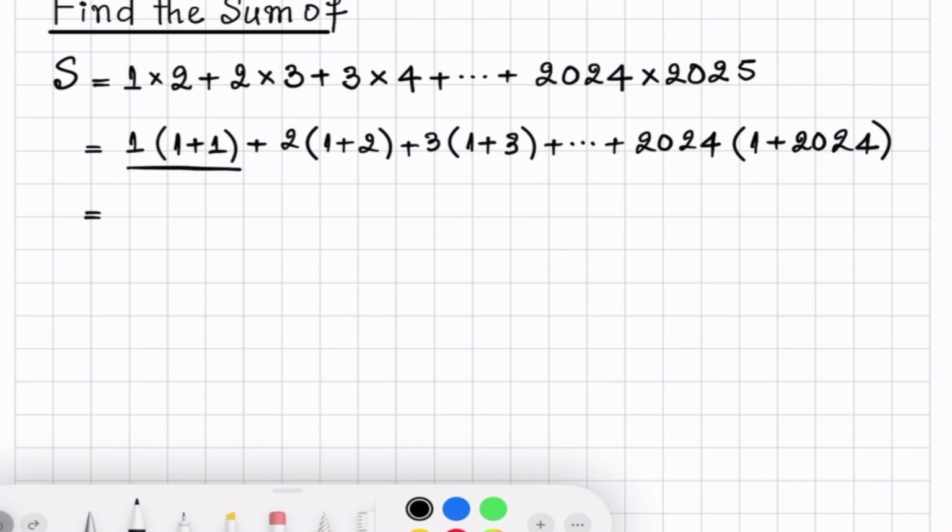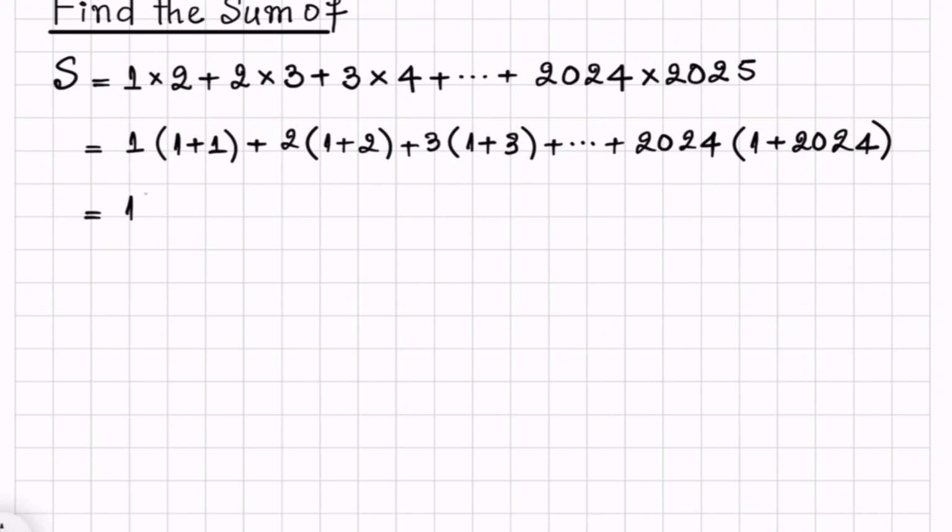So we will get 1 plus 1 square plus 2 plus 2 square, 3 plus 3 square plus dot dot plus 2024 plus 2024 square.